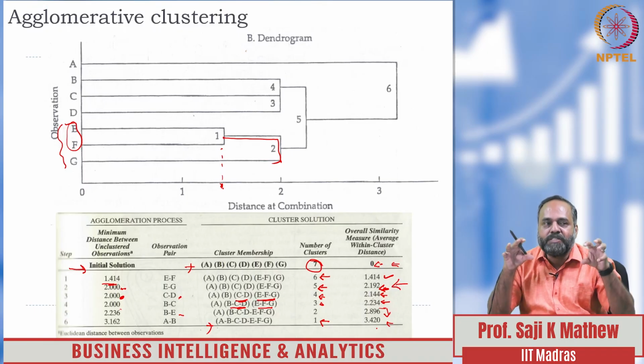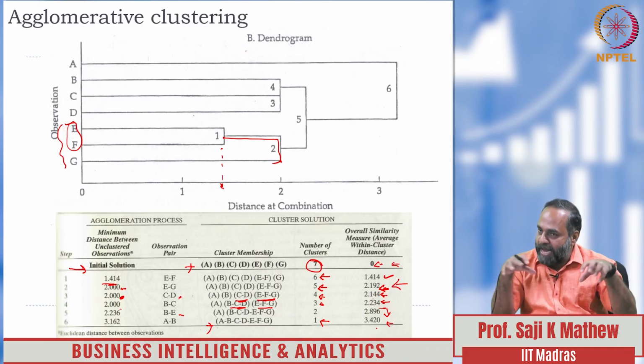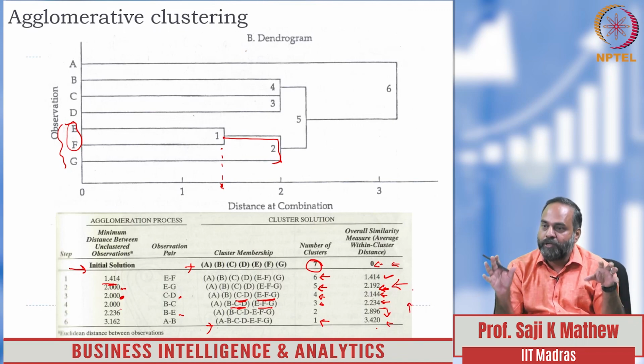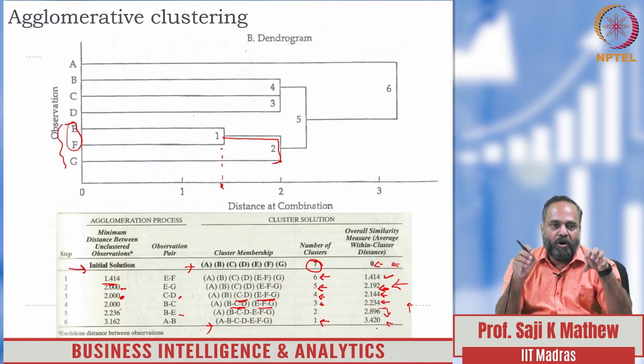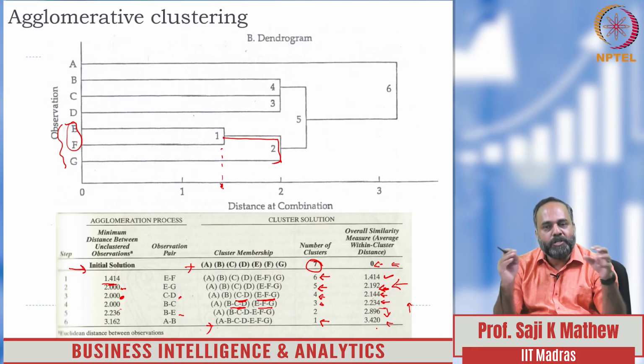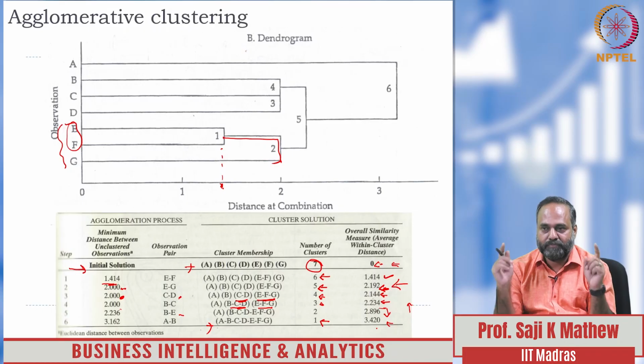If the clusters have a lot of heterogeneity within, then this value is going to be high. You do not want that. You want objects in the clusters to be similar. So, this value should be low. But at the same time you do not want too many clusters also.